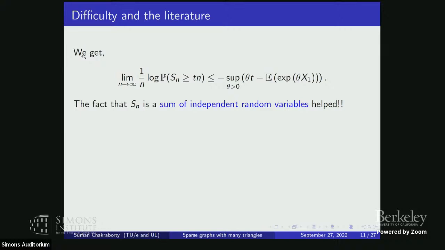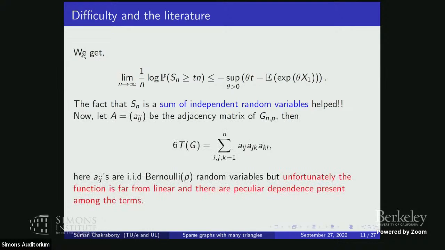I don't want to spend too much time here. But here the fact that this was a sum of IID random variables helped. We can write the number of triangles times 6 as a sum as well, but there are peculiar dependencies among the terms, which prohibit us from using this sort of argument.